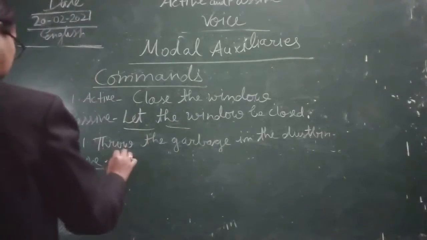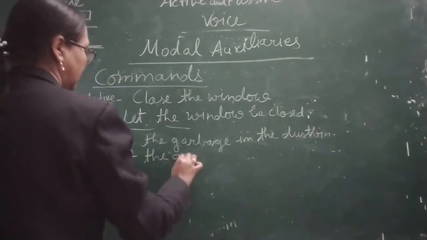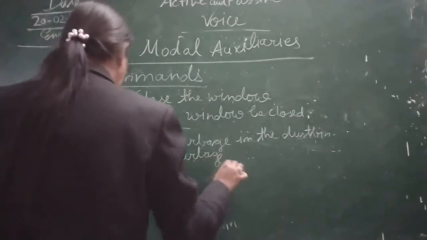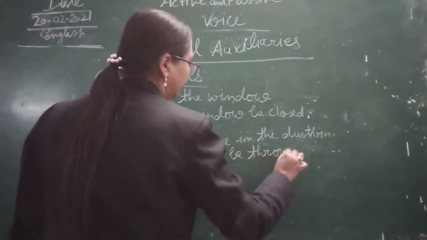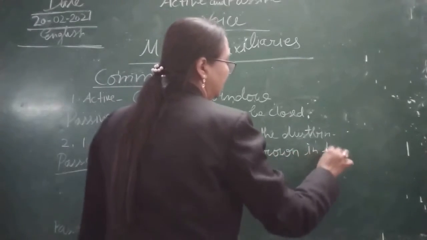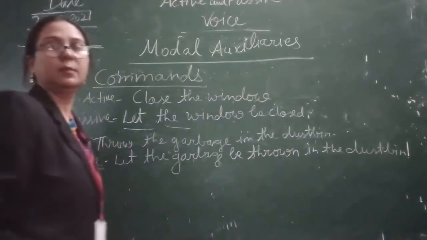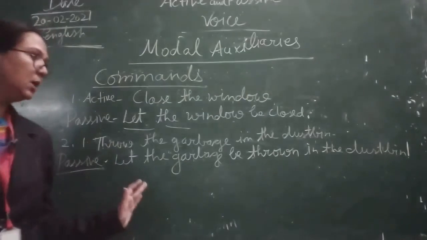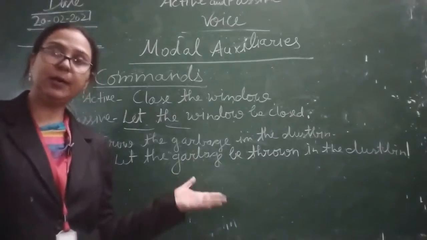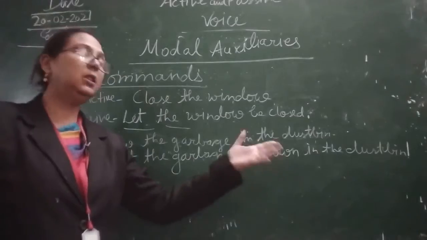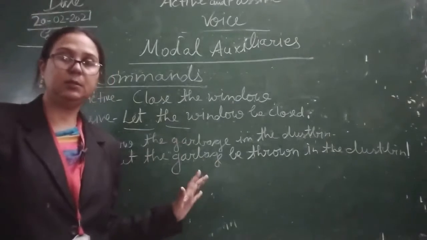Let we will use first. Let the garbage be thrown in the dustbin. Okay children? Simple children, only let we will use. Be thrown, third form of the verb, past participle, as you all know. Simple, just convert it and make more sentences on these commands.